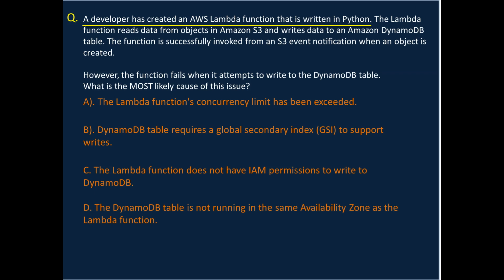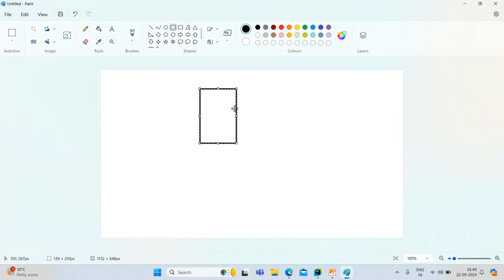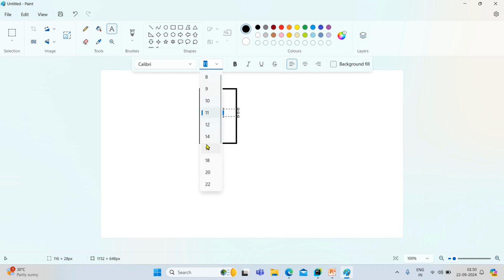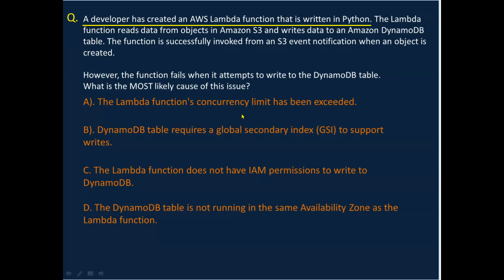For example, the first line is talking about a developer who has created an AWS Lambda function, which means we are dealing with one Lambda function.